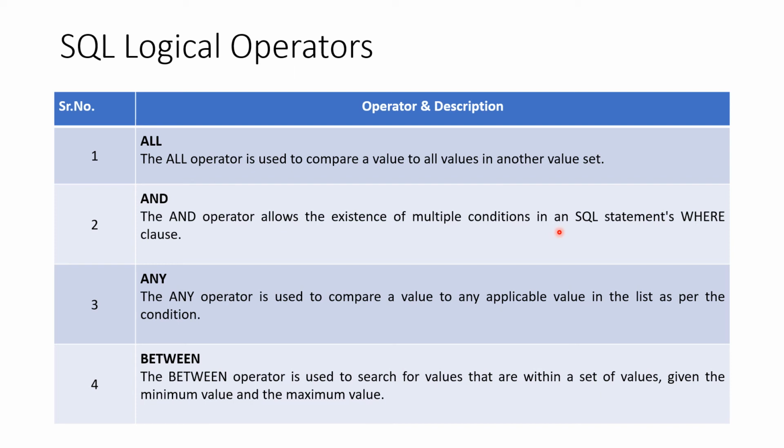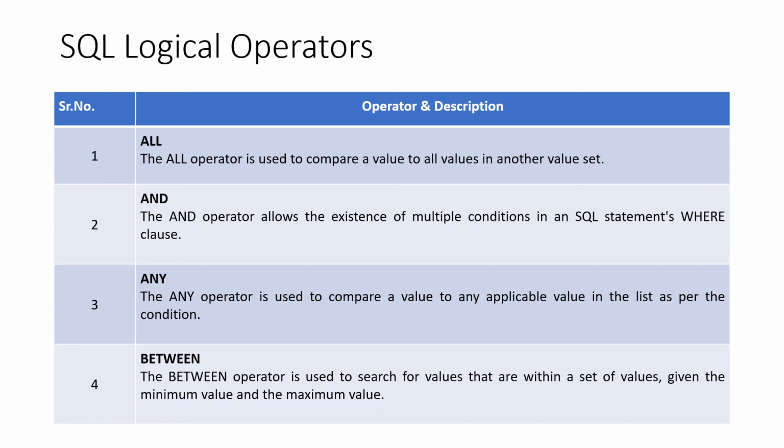Next is ANY. The ANY operator is used to compare a value to any applicable value in the list as per the condition. Next is BETWEEN. The BETWEEN operator is used to search for values that are within a set of values, given the minimum value and the maximum value.